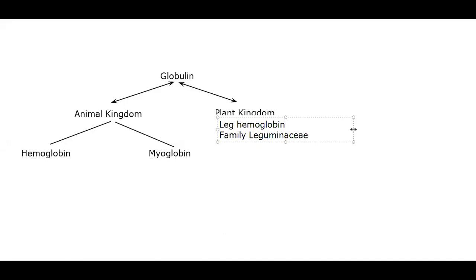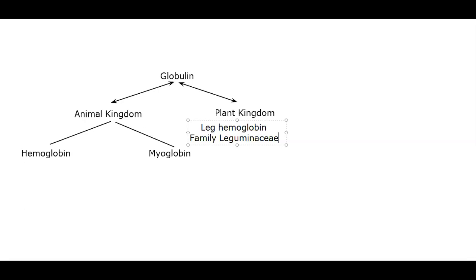The family Leguminosae was included into this particular category. So they are the ones that are able to have hemoglobin molecules present within themselves.